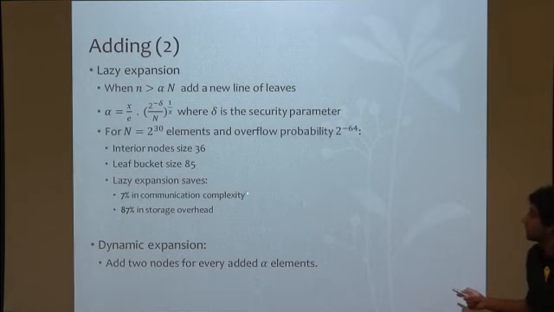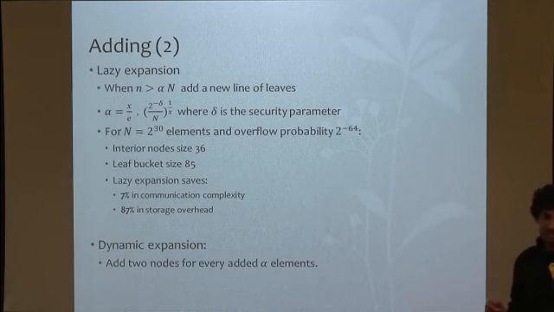The best factor that we have found is, if you fix the number of blocks for your leaf nodes, the factor by which you can divide the height. Just imagine that your height is log n, you divide by alpha, it's log n over alpha. And delta is the security parameter here. So for example, for 2 to the power 30 elements and overflow probability 2 to the minus 64, the interior node size is always the same, 36, but our leaf bucket is 85.